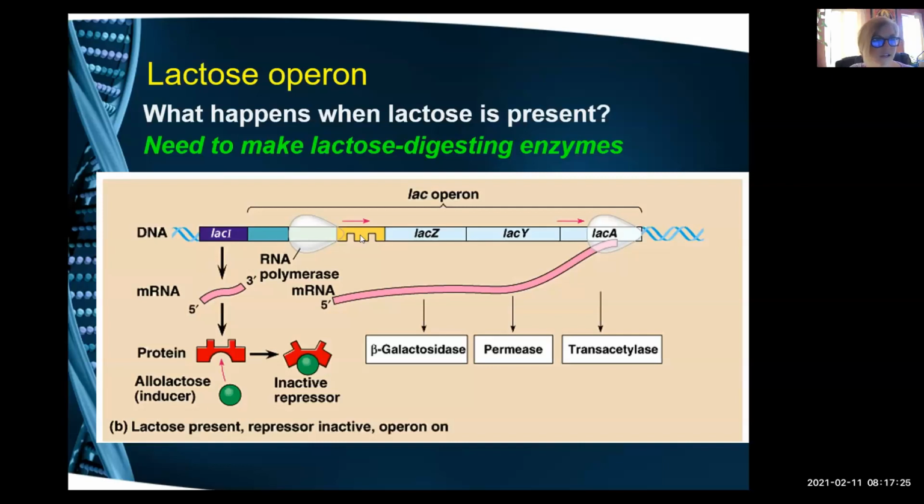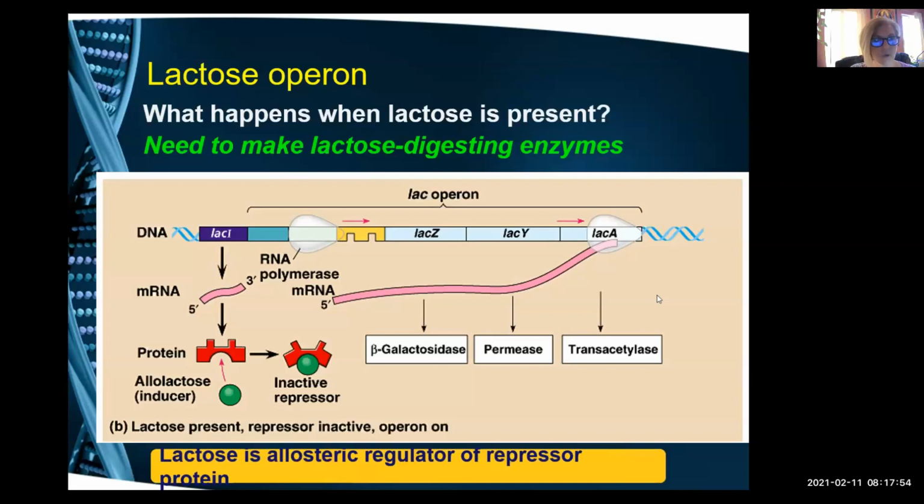When its allosteric regulator is present, in this case, lactose, so lactose would bind to this regulatory protein that was sitting here at the operator. Notice it changes shape to a shape that no longer fits the operator. So this causes the repressor protein to be released. Now, polymerase is not blocked, and it can carry on its process of transcription.